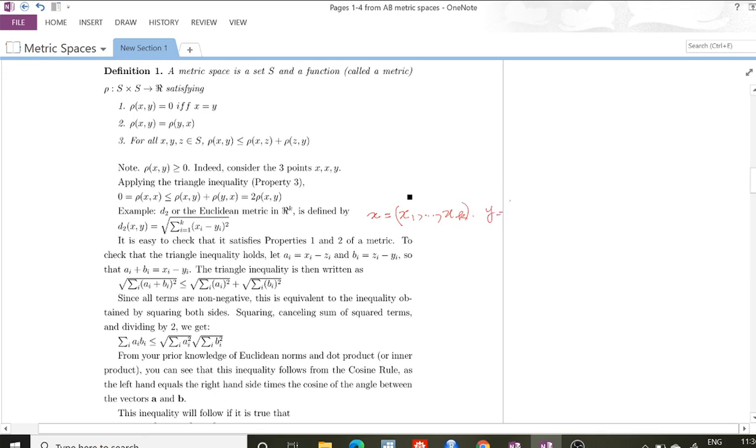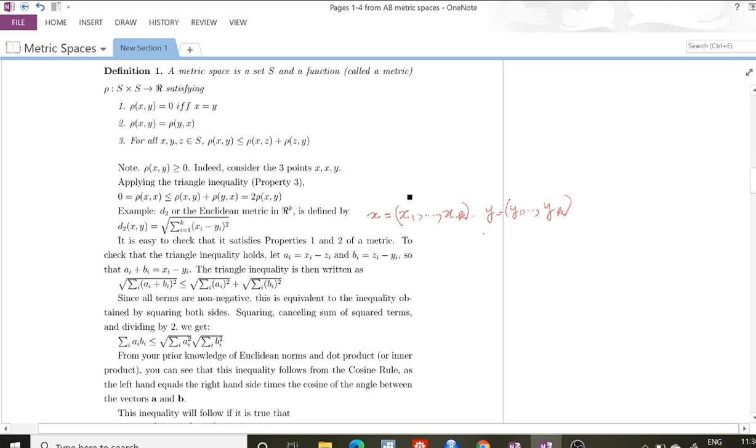Similarly, y has k coordinates, y1 to yk. And the metric, or the distance between x and y, is obtained by going coordinate by coordinate.